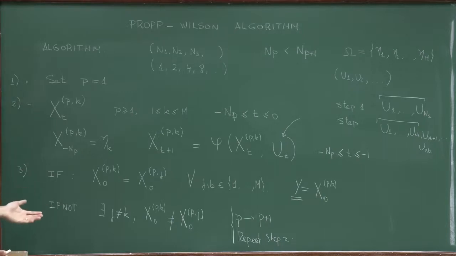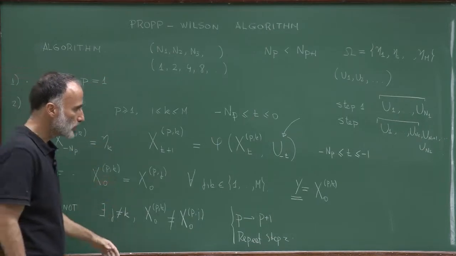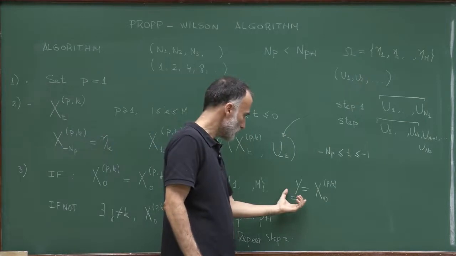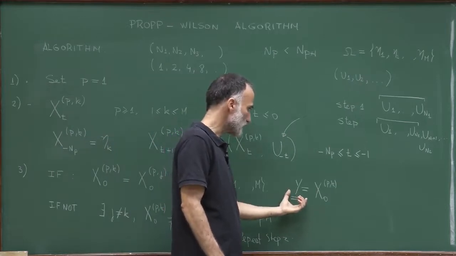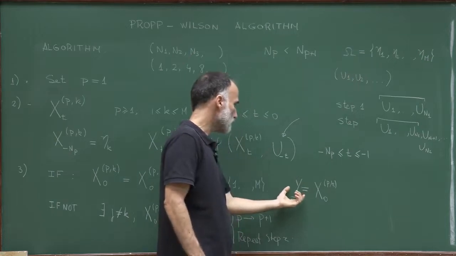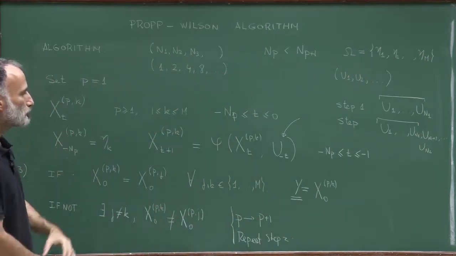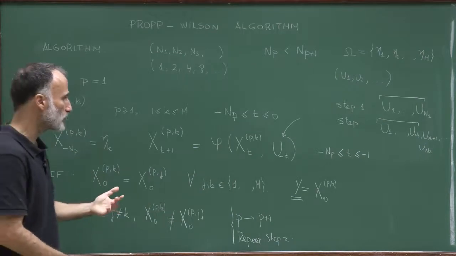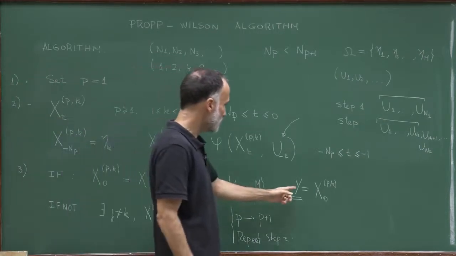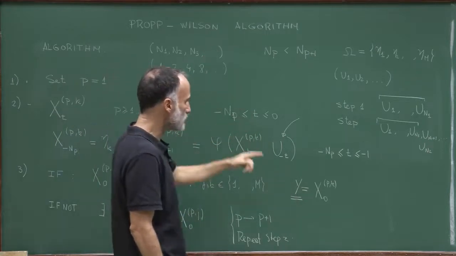So it might not end. I'm not claiming that it always ends. What I'm claiming is that, well, if it ends, it provides you the value of a random variable, which takes value in omega. It provides you a random variable y. And what I claim, and what we'll prove after I give you an example, is that this random variable y has exactly the distribution pi.